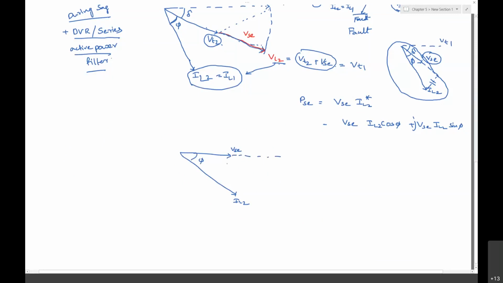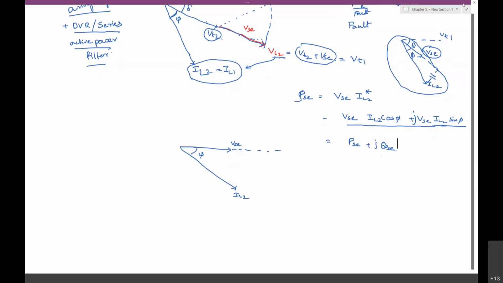Now, with this phasor also, you can understand that the series active power filter is injecting the real power as well as the reactive power, SSC, while improving the voltage quality.